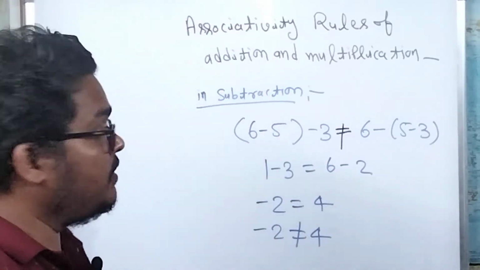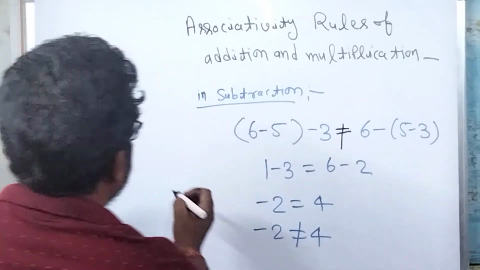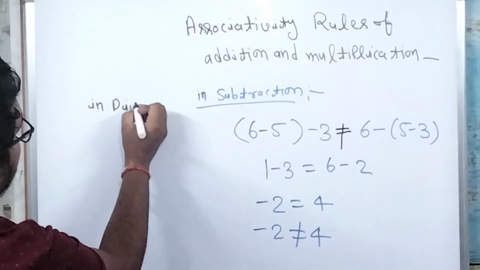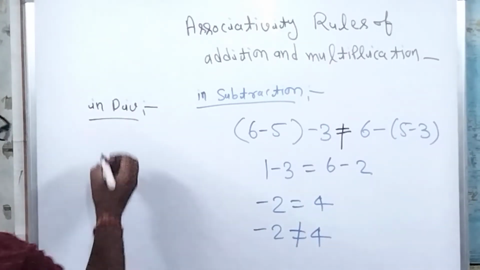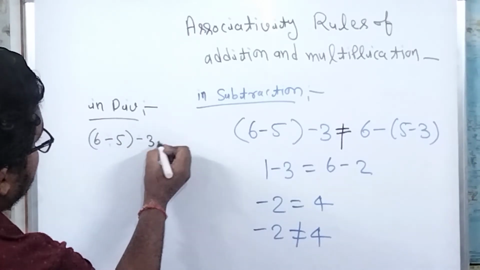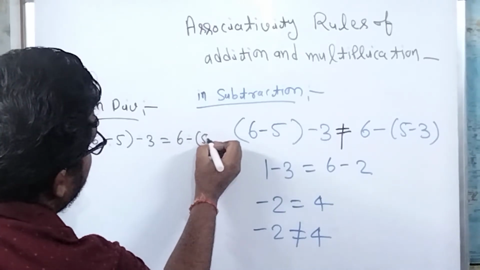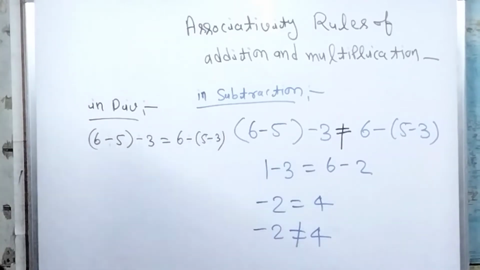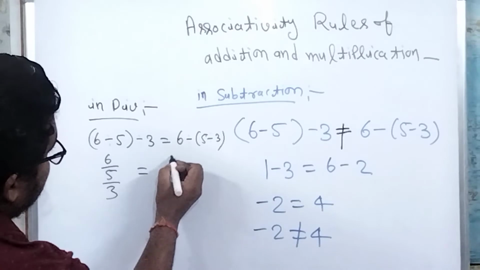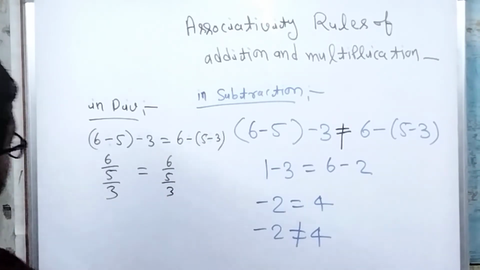And here we see division: (6 ÷ 5) ÷ 3 compared with 6 ÷ (5 ÷ 3).